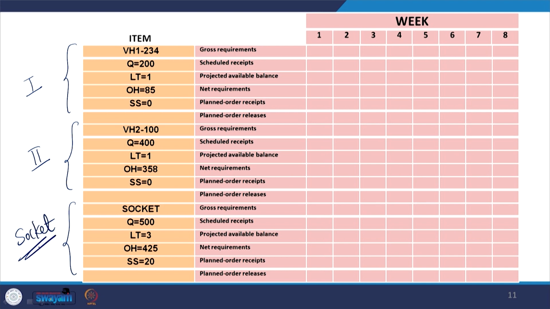For all of these we have the same lines: gross requirement, scheduled receipts, available balance, net requirement, planned order receipts and planned order release. All 6 lines are available for each of these, and you need to know how much you would like to have here.